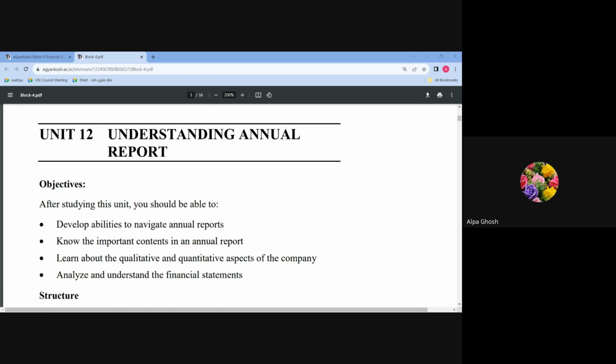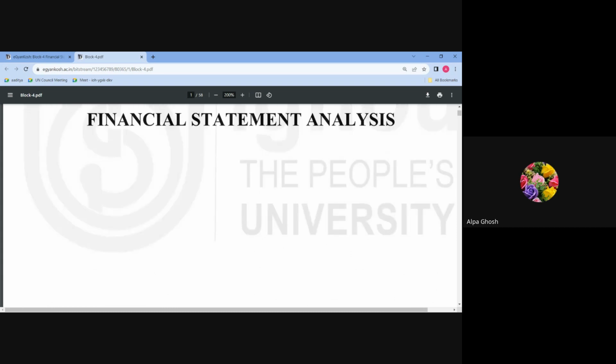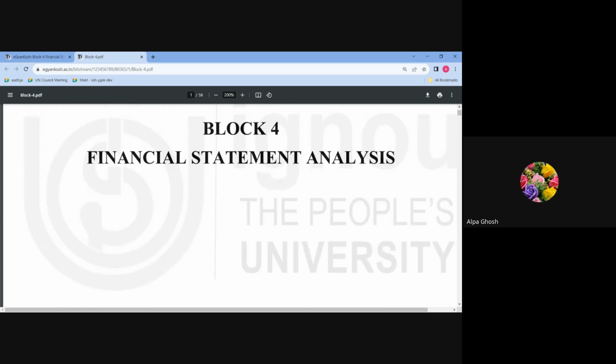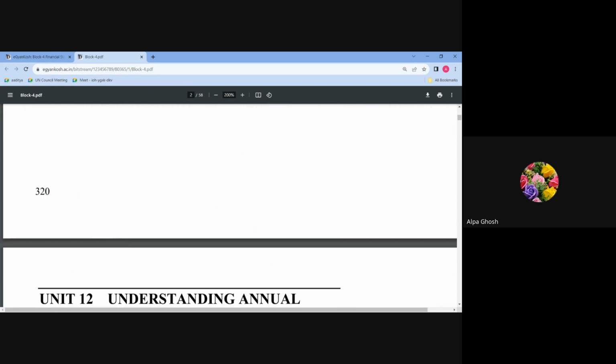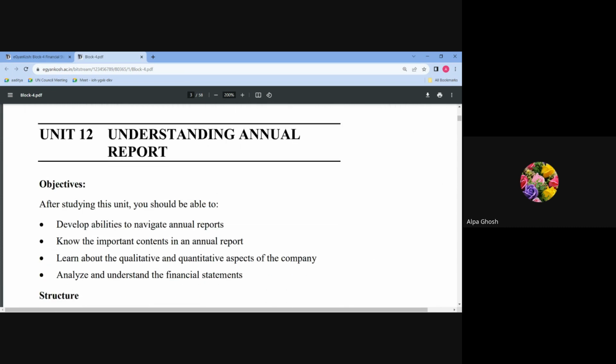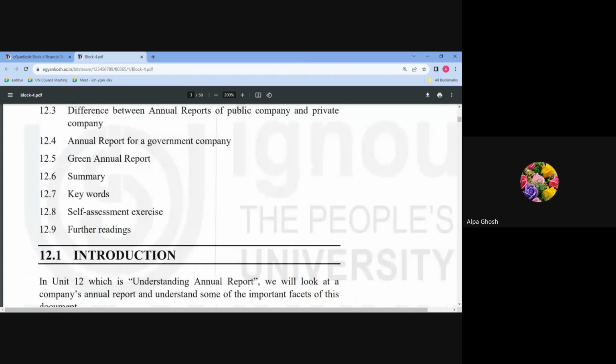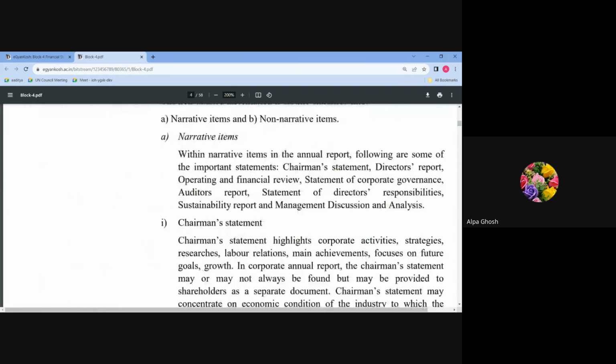So, we are starting with the financial statement analysis, and this is block 4. And in this financial statement analysis, we have unit 13, that is understanding annual report. Then we will come to the next.